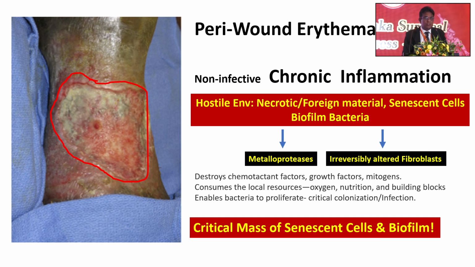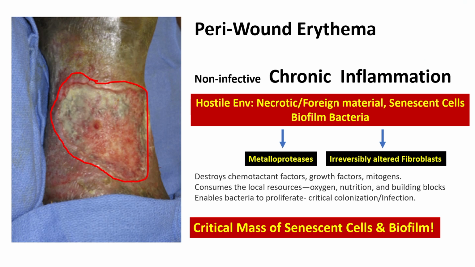And it consumes local resources as well, this necrotic material and the bacteria, the oxygen, nutrition, and the building blocks, and enables bacteria to proliferate, and therefore, without additional colonization, the existing bacteria multiply, and you get critical colonization going on to infection.